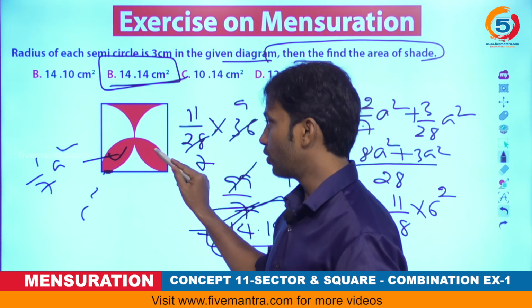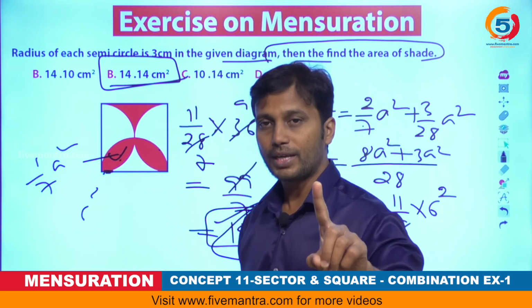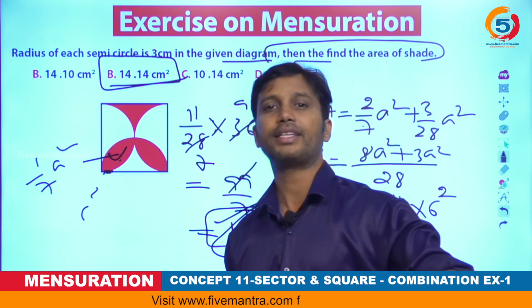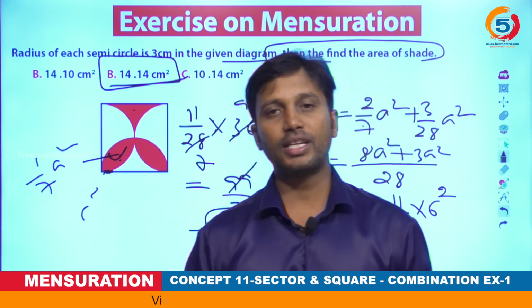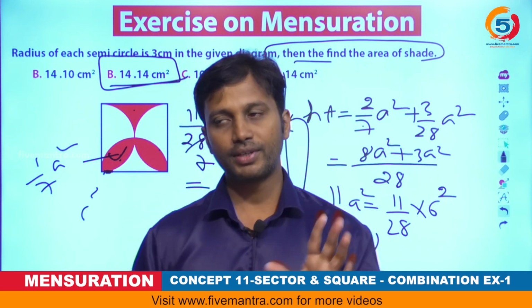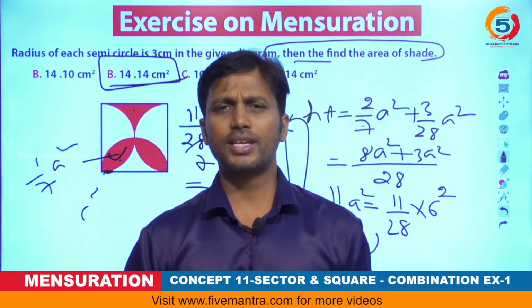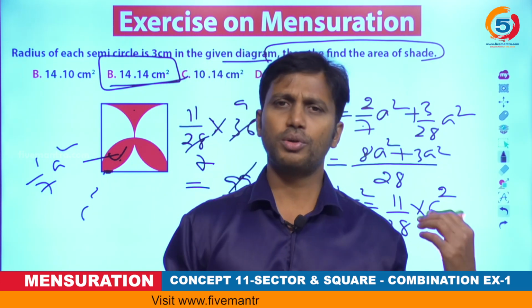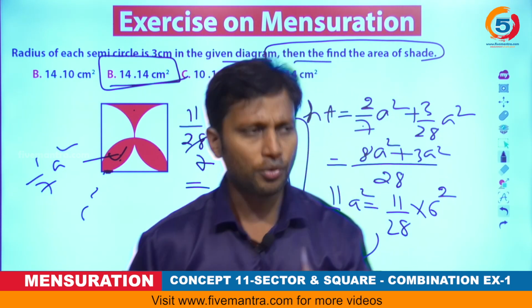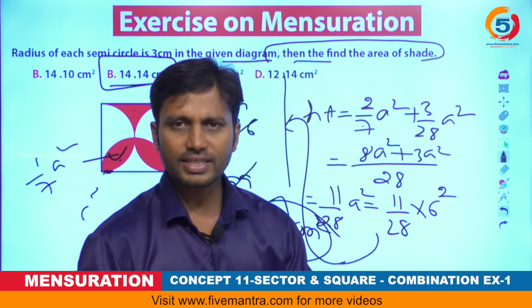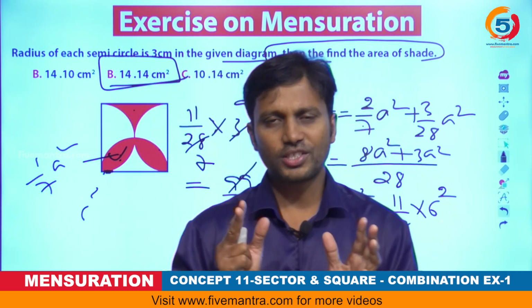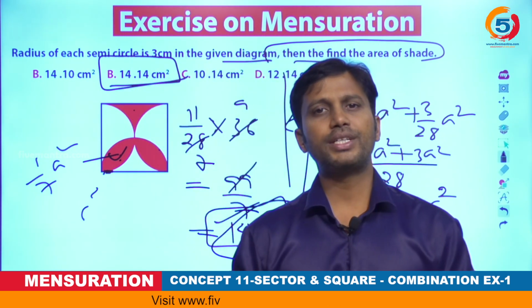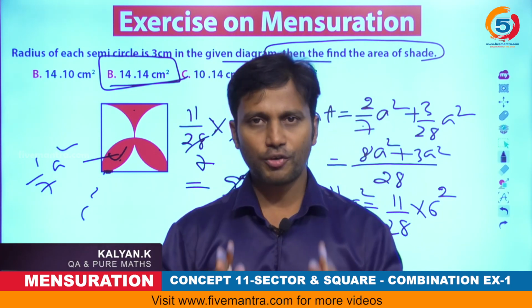Here 2 petals are there, each petal is 1 by 7 a square, so 2 by 7 a square, and each gap occupies 3 by 28 a square, that we put and find it. Not only for this, for a lot of cases you can do like this. If you know that each petal carries 1 by 7 a square, each gap occupies 3 by 28 a square. Is that clear for you or not?